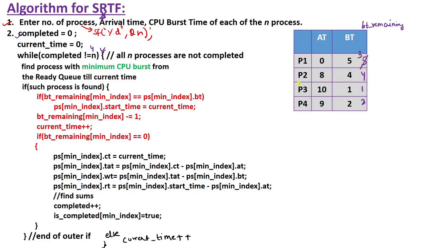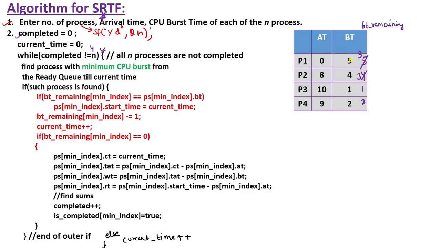Same way, let's say P2 comes to the CPU, and is completed just for 1 unit of time. So how much CPU burst time will be left for this P2? If 1 unit is subtracted, then 3 will be left over. So we will be changing this BT_remaining array to keep track of the remaining amount of the CPU burst time.